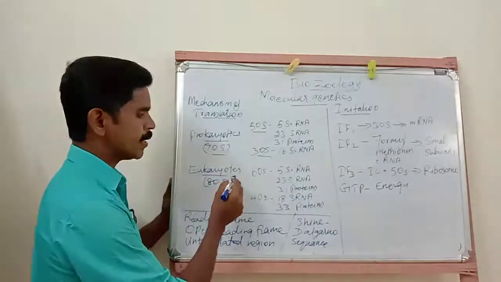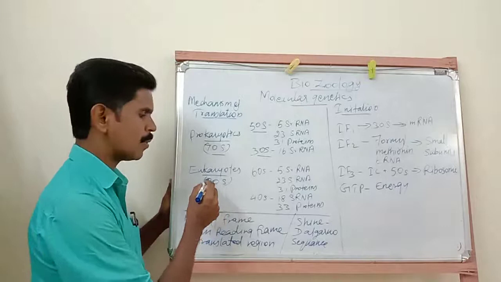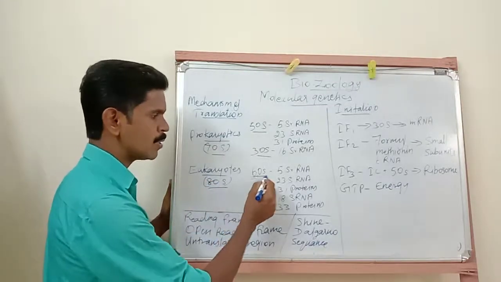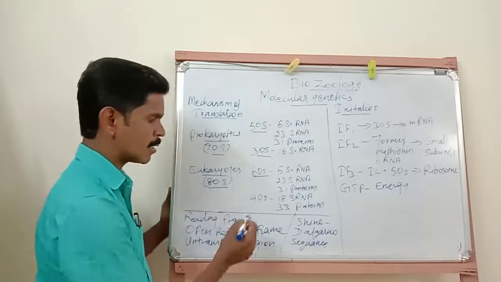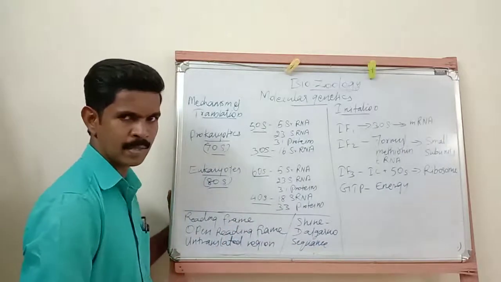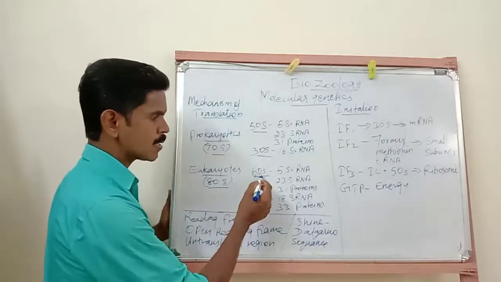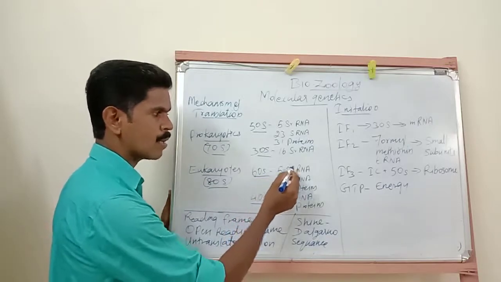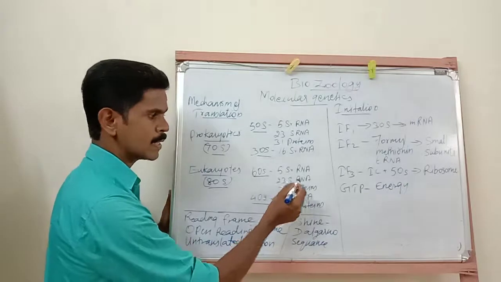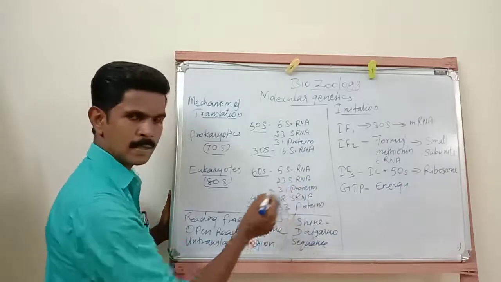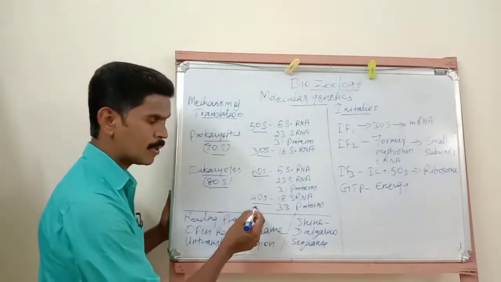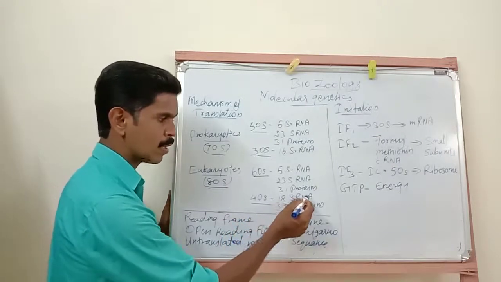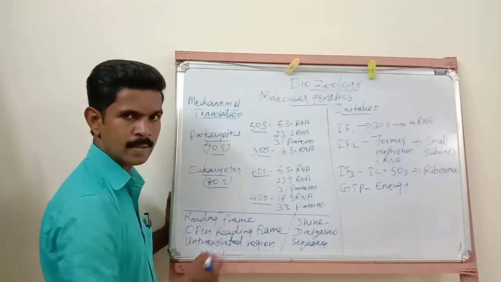Then in eukaryotic organisms, as I already told you, the type of ribosome is 80S. The larger subunit is called 60S and the smaller subunit is called 40S. The larger subunit, that means the 60S subunit, consists of 5S rRNA, 23S rRNA, and 31 proteins. The smaller subunit, that means the 40S subunit, consists of 18S rRNA and 33 proteins.